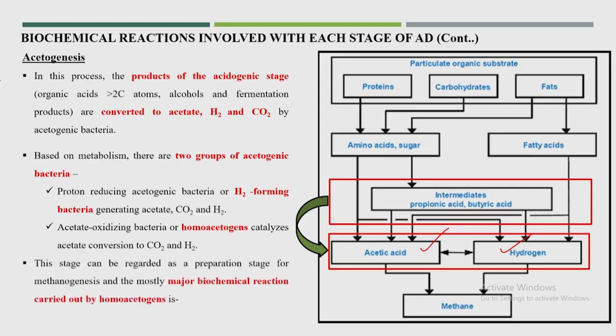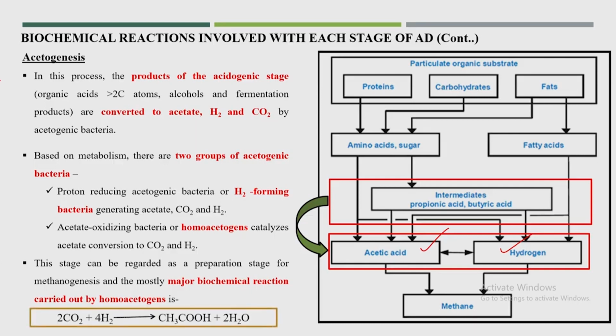This stage can be regarded as a preparation stage for methanogenesis, and mostly a major biochemical reaction carried out by homoacetogens. So, what will be the reactions here? It could be CO2 plus H2 giving CH3COOH, that is acetic acid production.